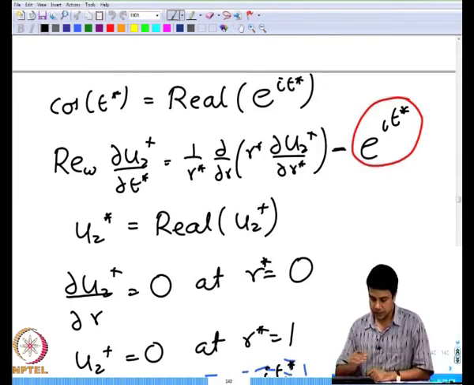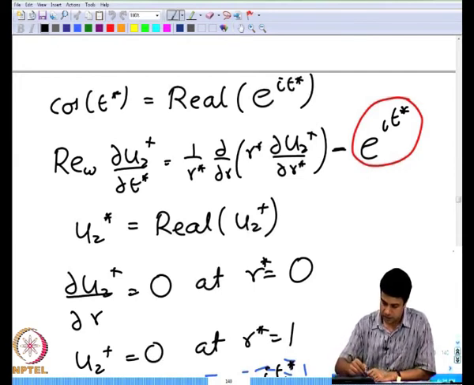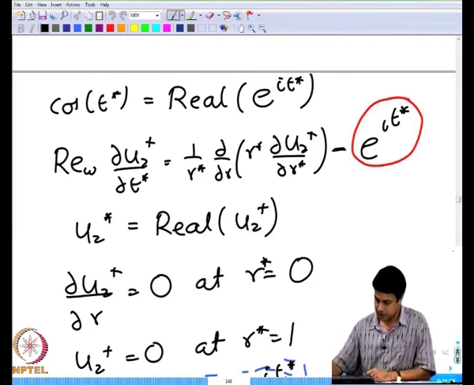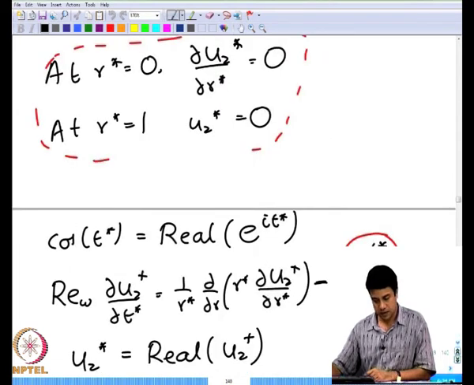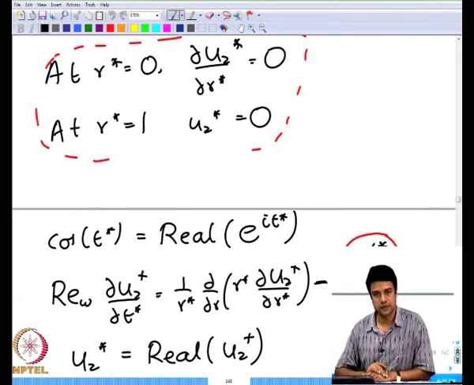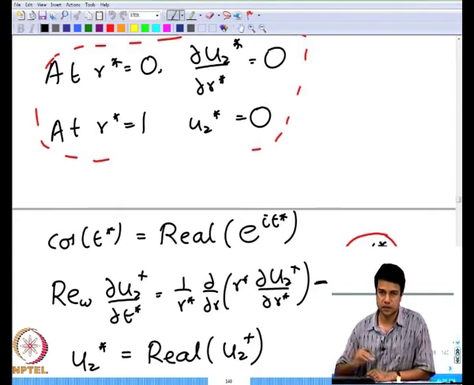These are the same homogeneous boundary conditions that I had for u_z star. I will solve the equation for u_z plus with these boundary conditions and then take the real part, and that will give me the solution for u_z star. That is the strategy that we will follow for dealing with this oscillatory flow.